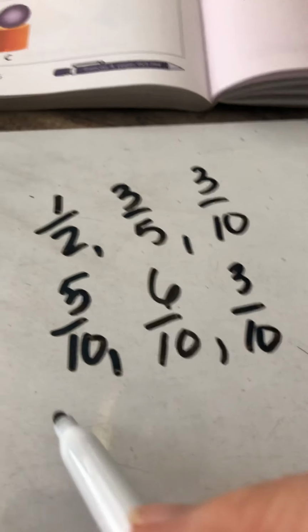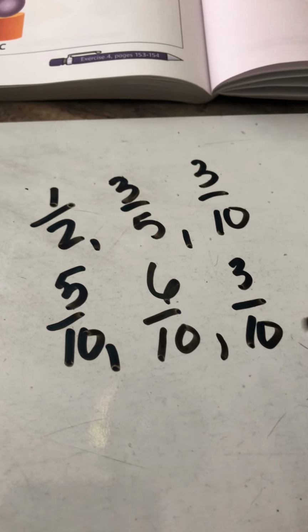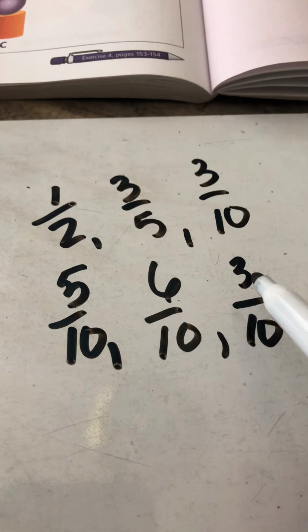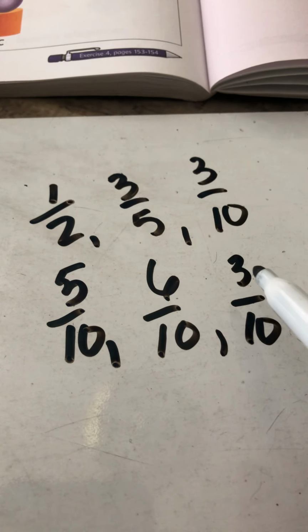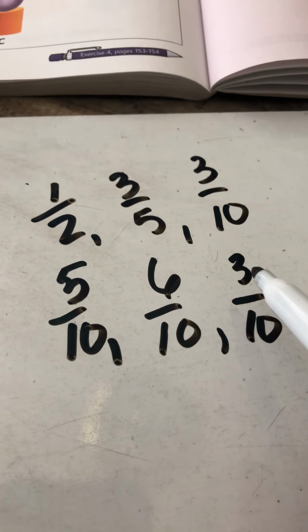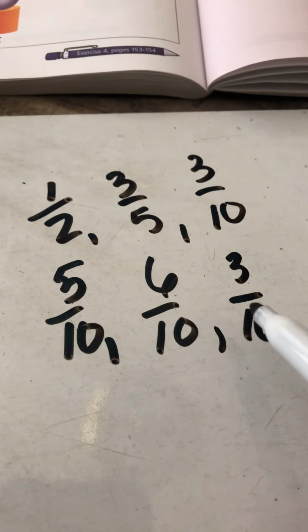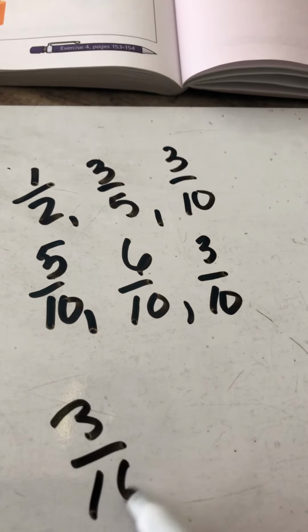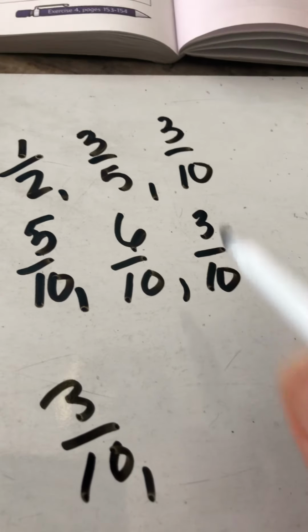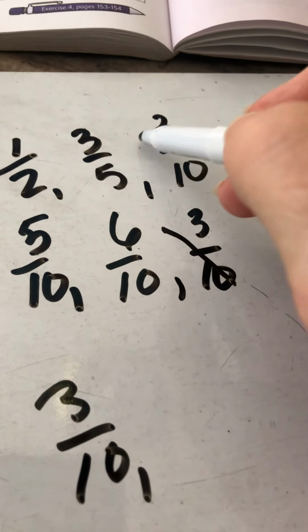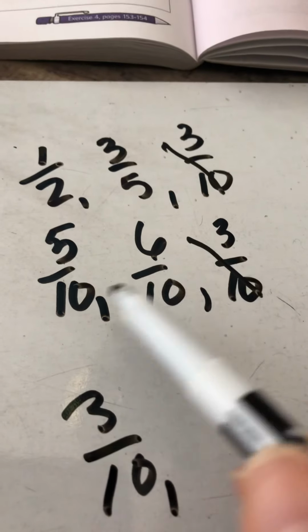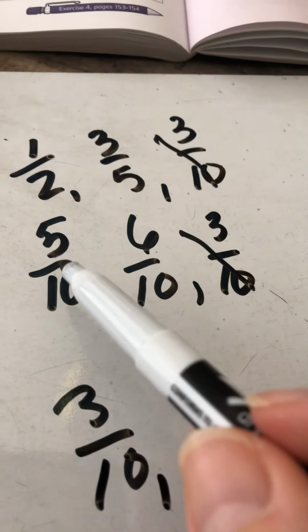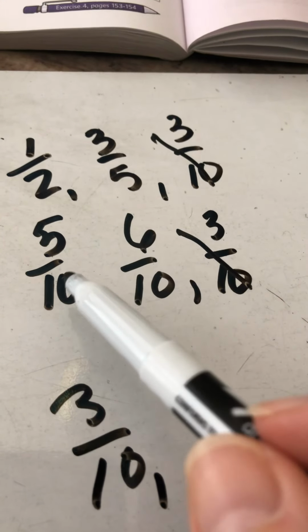Now that all of these have the same denominator, I'm just going to look at the numerator and pick the smallest to the largest because I want to go from smallest to largest. Which one of these is the smallest? Well, the 3/10. So 3 over 10. Cross that off so I know I've done that. Okay, which is the next smallest? Well, 5 is smaller than 6, but I don't want to put 5/10.